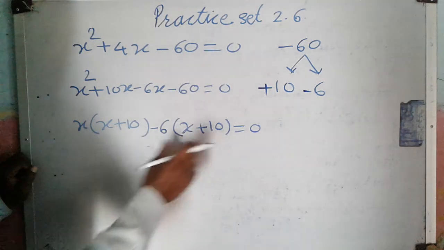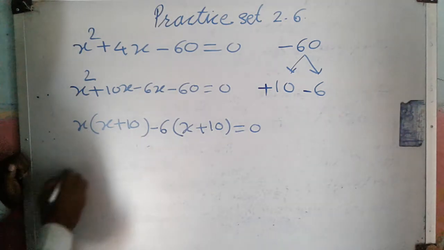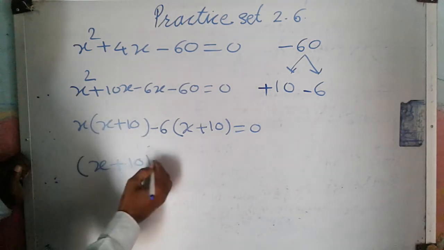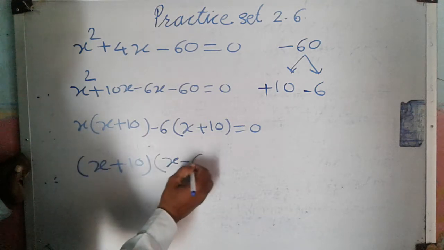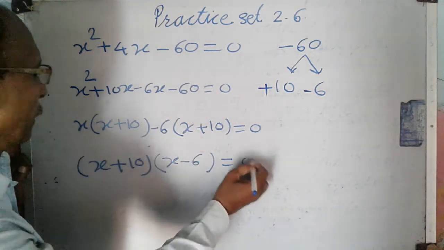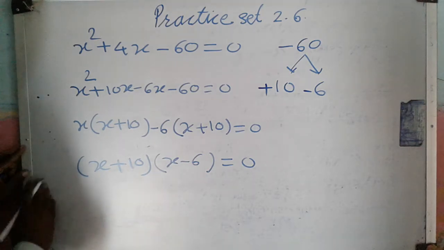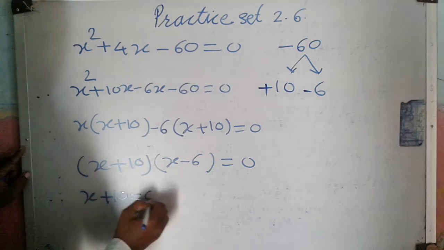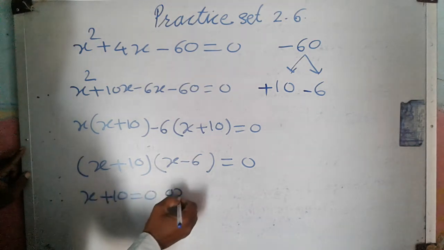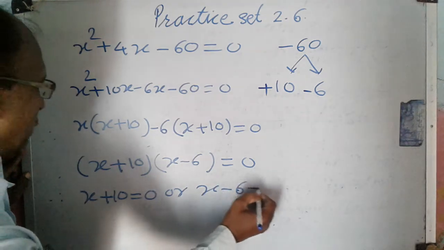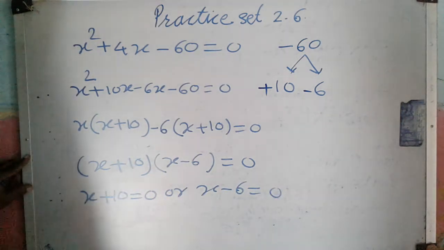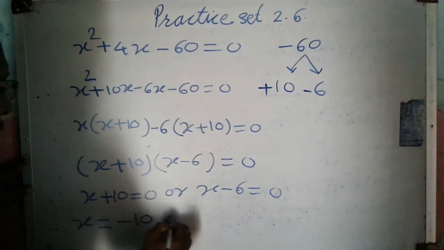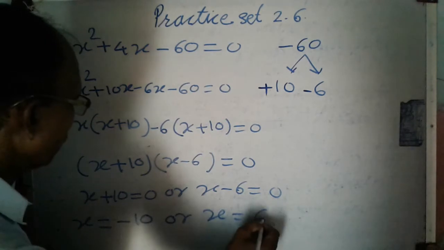Now x plus 10 is the common bracket, therefore x plus 10 common, and the remaining term x minus 6 in the other bracket is equal to 0. Therefore x plus 10 is equal to 0 or x minus 6 is equal to 0, and therefore x is equal to minus 10 or x is equal to 6.